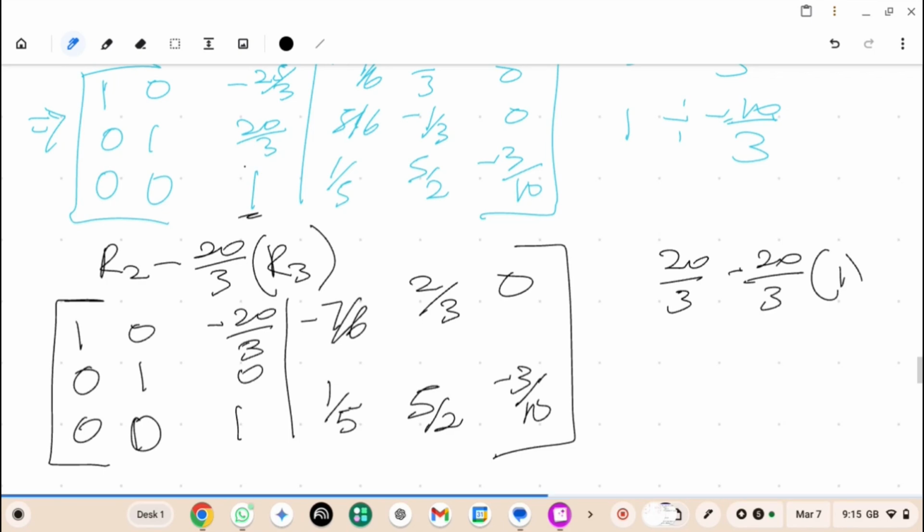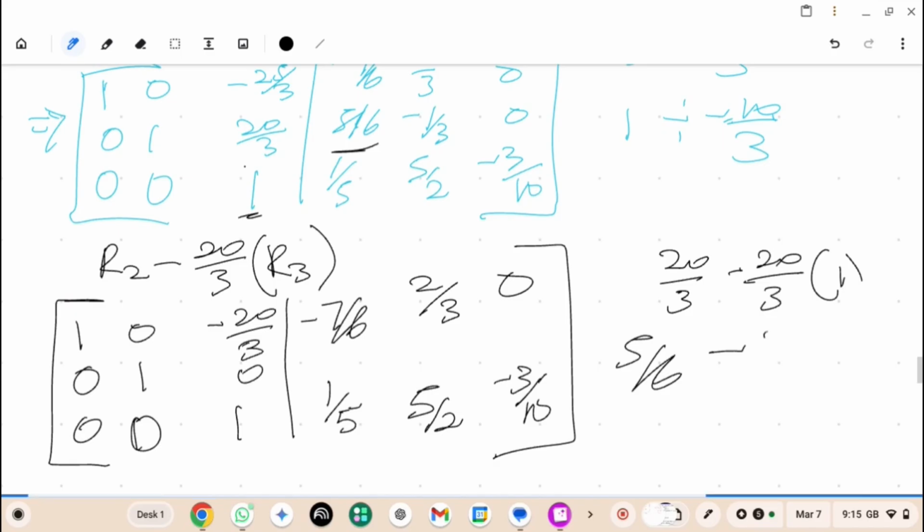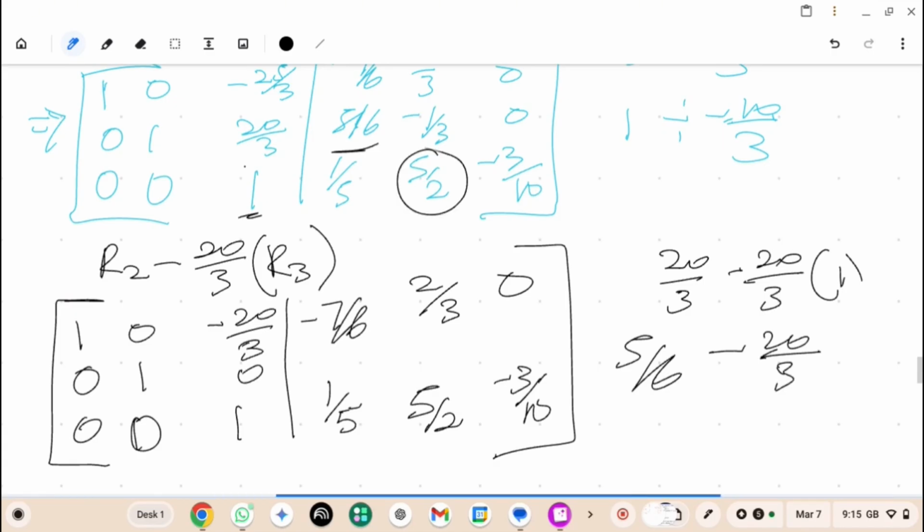So you work on this one. 5 on 6 minus 20 on 3 multiplying row 3, and row 3 here is 5 on 2. You have negative 95.